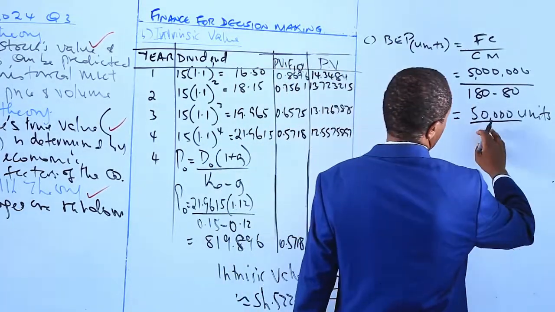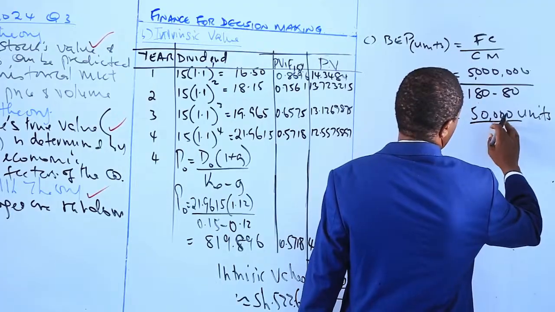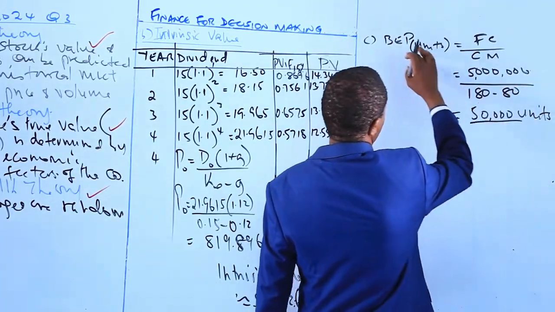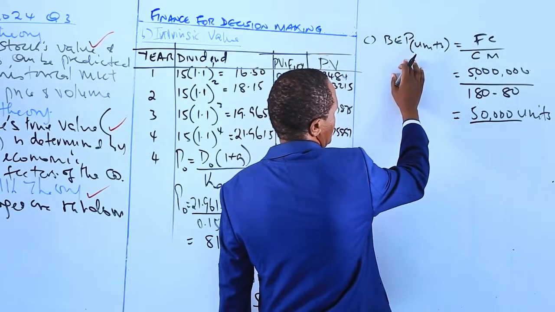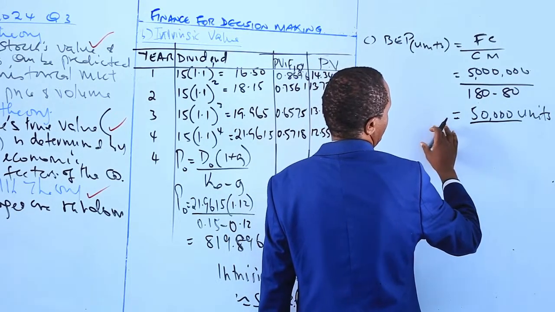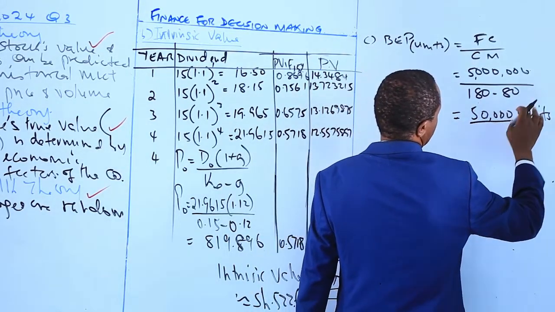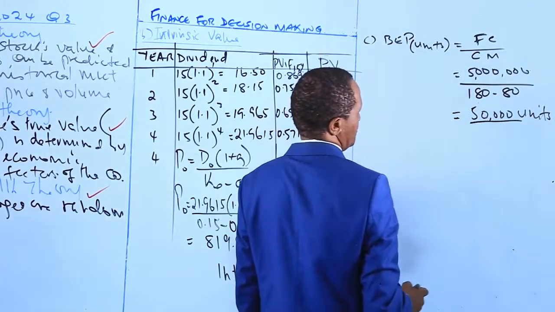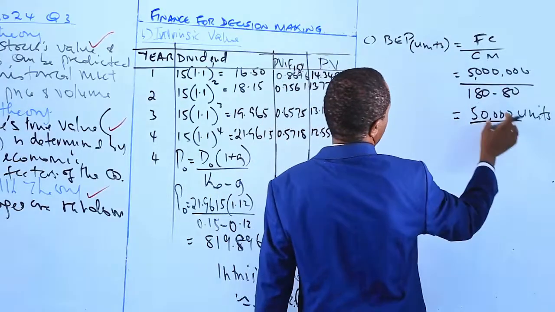If the company produces 50,000 units, there is no profit at this point. This is the break-even point. The first shilling of profit will be made after the 50,000th unit. That will be 50,001 units. So that's the break-even point in units.